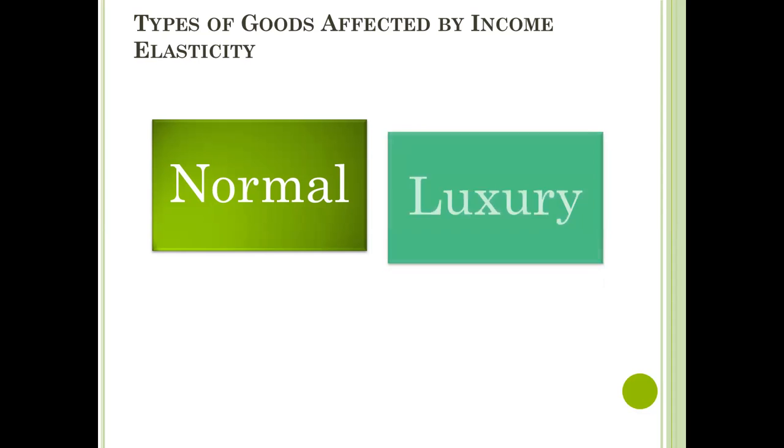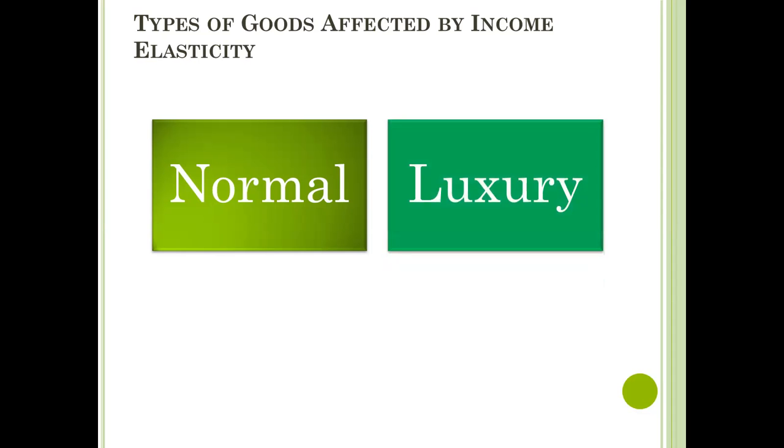Another type of goods affected by income elasticity is luxury goods. Luxury goods and services have an income elasticity of more than +1, where the demand rises more than proportionately to a change in income.